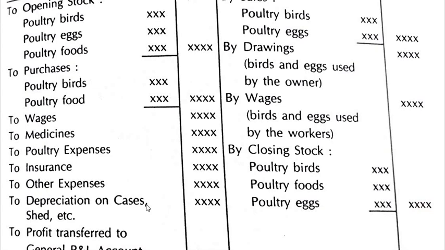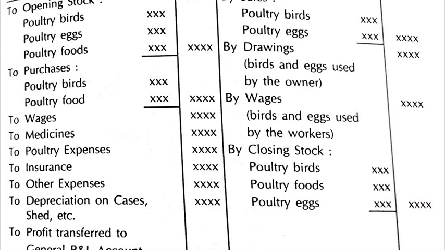So depreciation is to be given on the cases, the trays you use for keeping those birds. Shed is the shade used for keeping those birds. So depreciation for the shed is also to be given, or any other such fixed asset, in that case you will have to give depreciation.